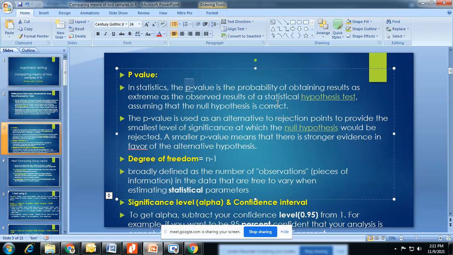Then we have the degree of freedom. Degree of freedom is defined as n minus 1. So n is the number of observations or data occurrences, the total observations under study. Suppose your total observation is 100, then the degree of freedom is 100 minus 1, that is 99.